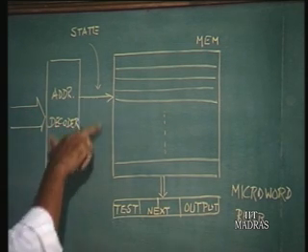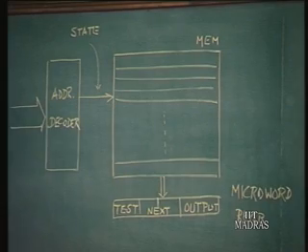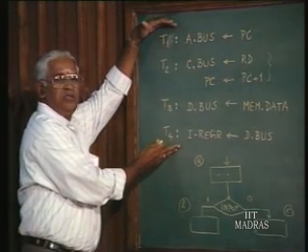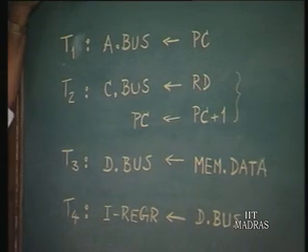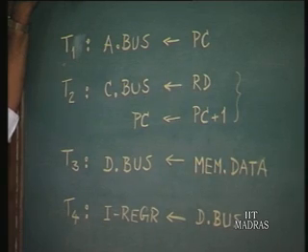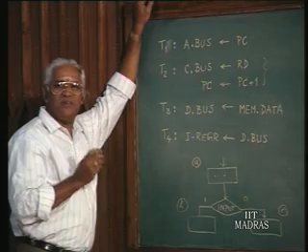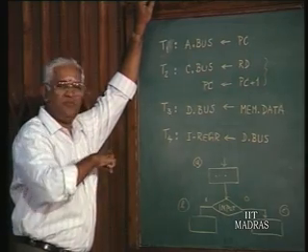Now, when you work out for all the states, here we have just worked out some detail for one machine cycle. This will have to be done for all the instructions which the CPU supports. Suppose it has say 250 and odd instructions. For each, the details must be worked out.